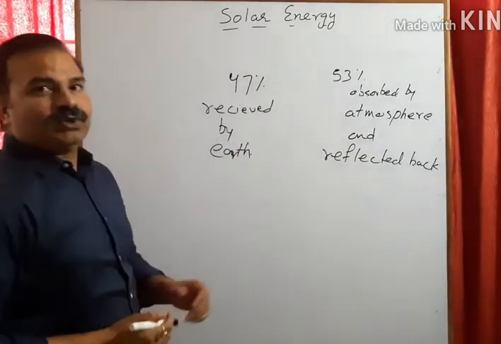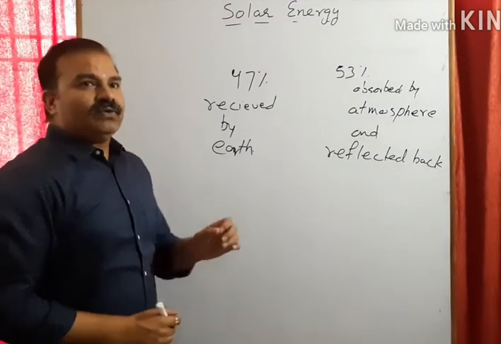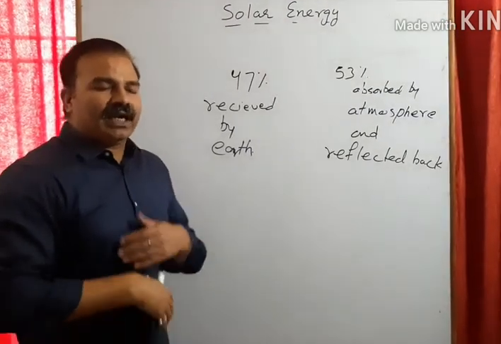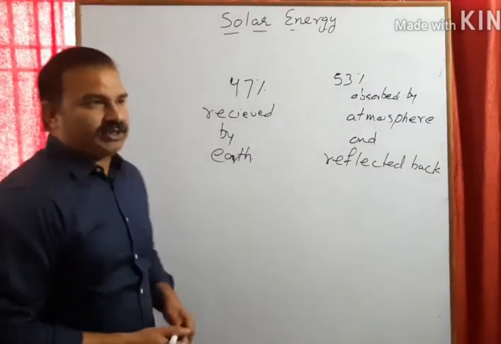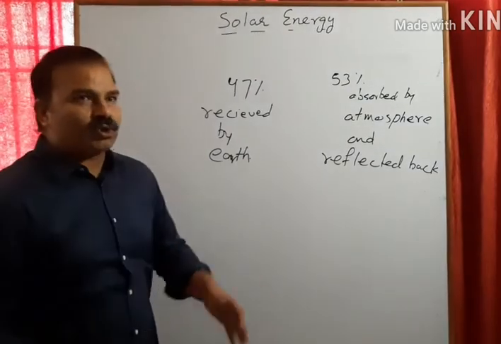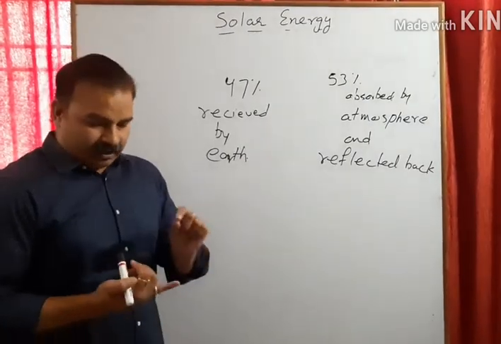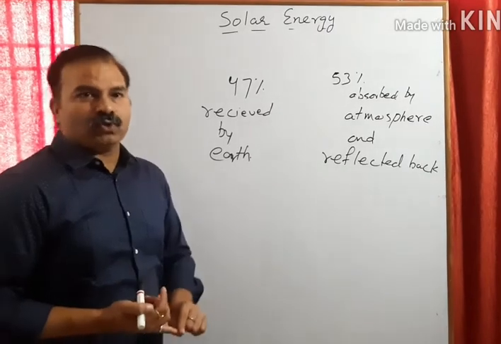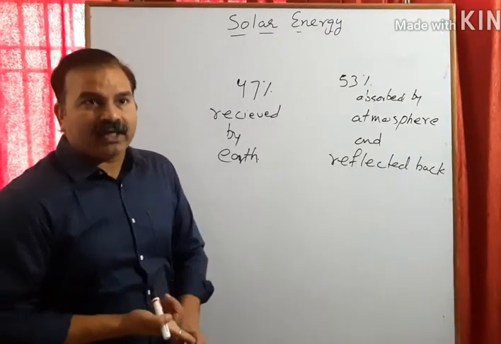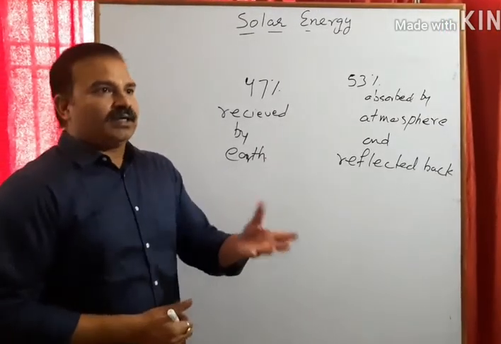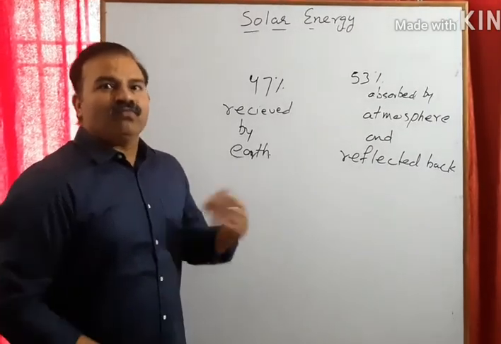Now in the sun, a nuclear fusion reaction takes place, which gives us a large amount of heat energy. This heat energy is also absorbed on the earth by water bodies, that is ocean, sea, lake, river, and also by the plants which prepare their own food.